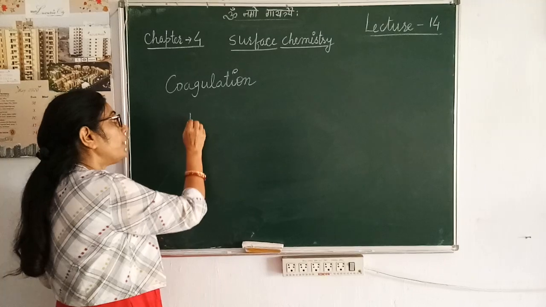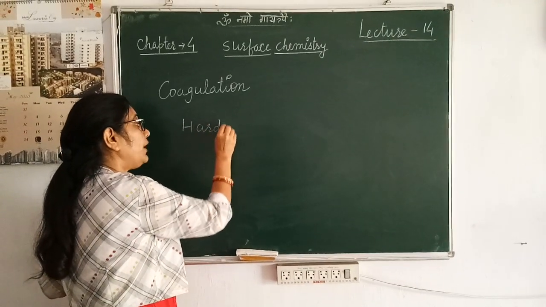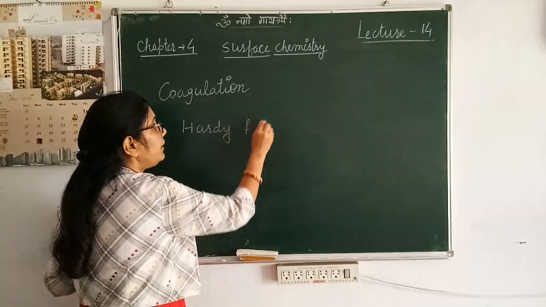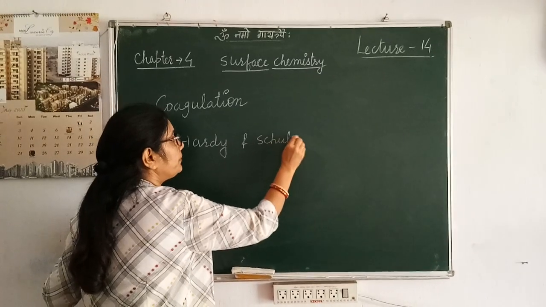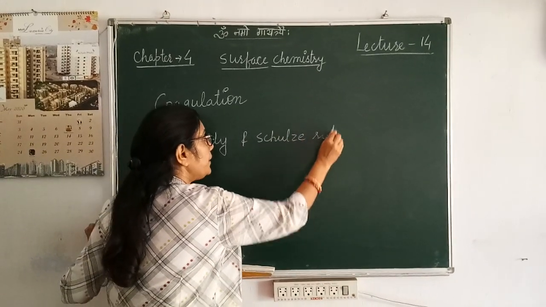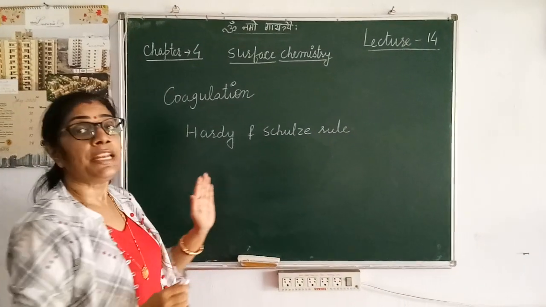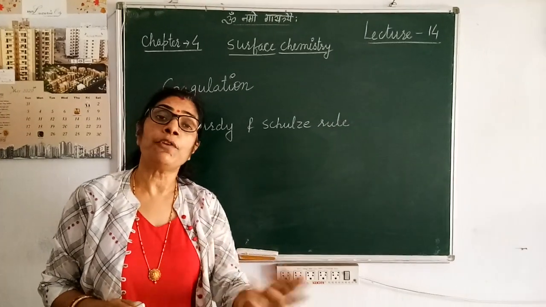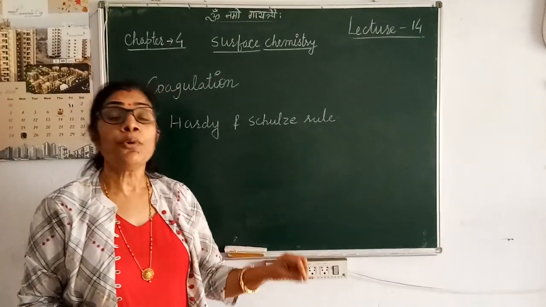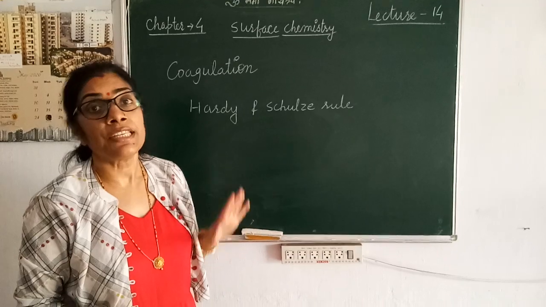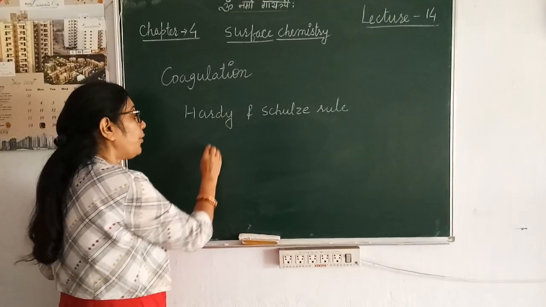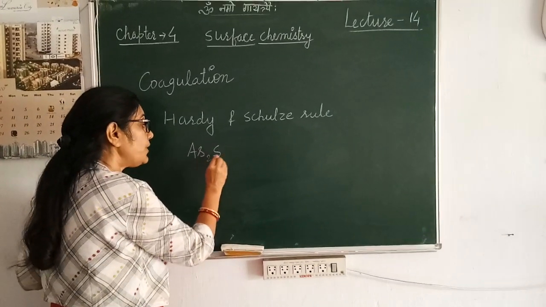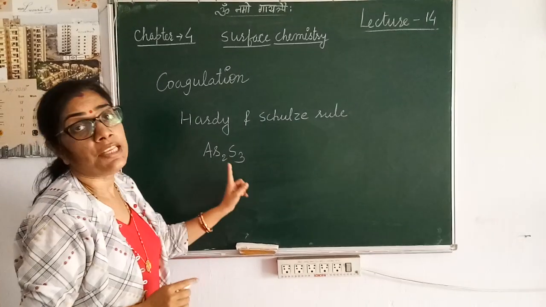And related with coagulation, one very important law is the Hardy and Schulze rule. The rule says that the greater the valency of the flocculating ion, the more is the power of coagulation, and vice versa. For example, suppose a negative colloid, arsenic sulfide.